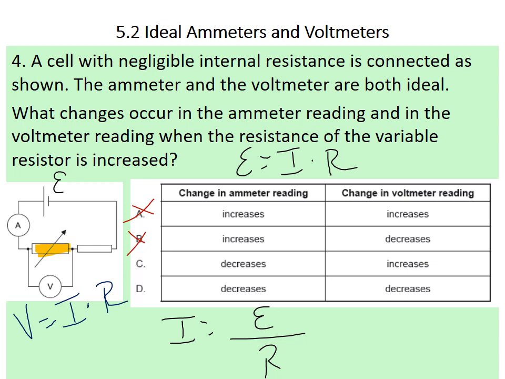And because the voltage is split between this one over here and the variable resistor, I know that my variable resistor having a larger resistance is going to get a bigger share of the voltage drop. It's going to dissipate more voltage. So at the same time, the ammeter reading decreased, but the voltmeter reading increased.